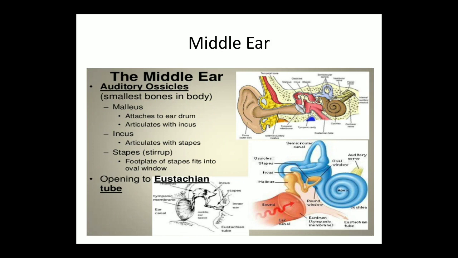In infants, the tube is shorter, wider, and more horizontal and opens at a lower level. That's why the chances of infection are more in children. It means the infection can easily travel from the nose or pharynx to the middle ear, as the Eustachian tube is shorter, wider, and straighter.